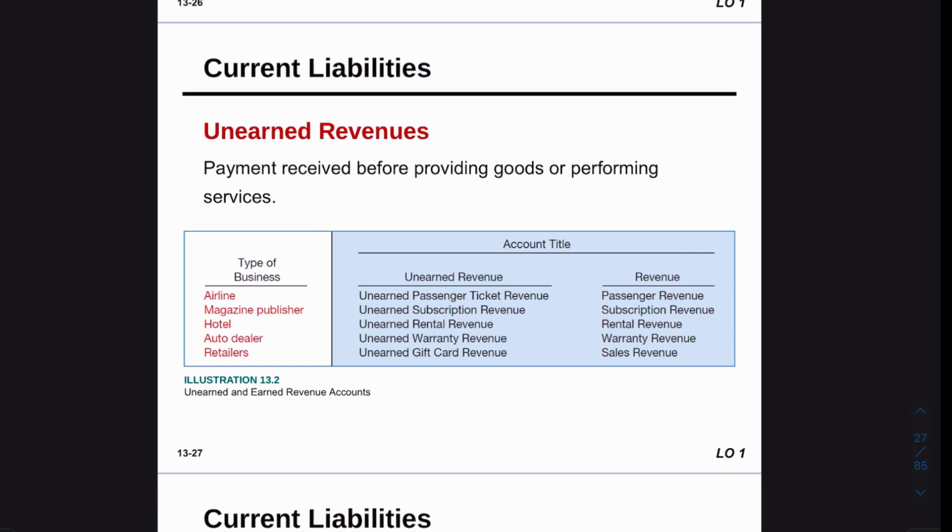Or maybe a magazine publisher, hotel, auto dealer, retailers, all these types of business receive the payment first, and then provide you the goods and services. So for the company, it's considered a current liability until they provide the goods or perform the services.